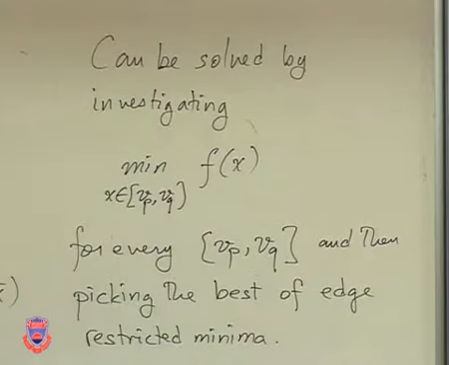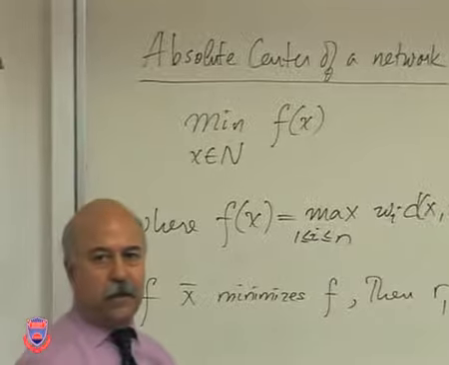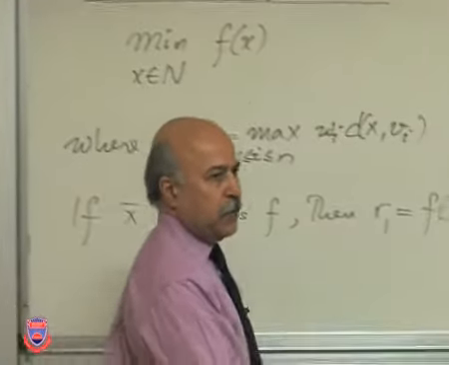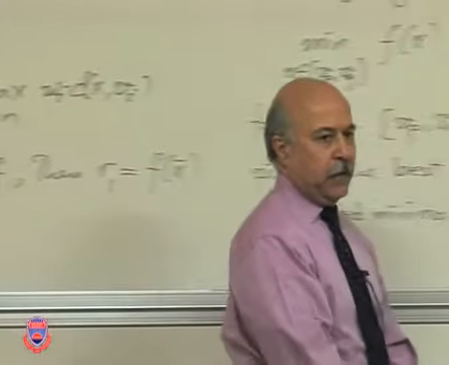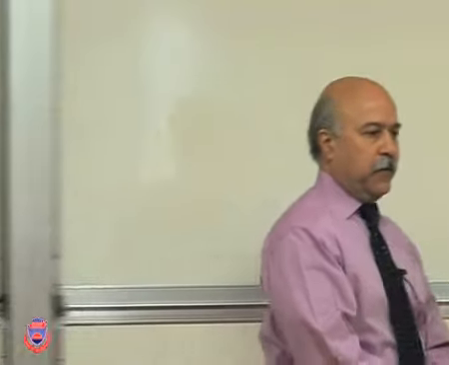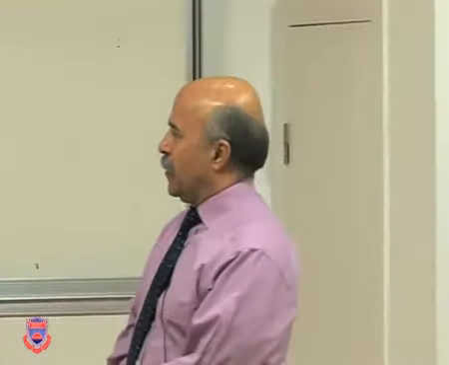So the problem on the entire network can be solved by solving the edge-restricted problem, identifying the edge-restricted minimum in each case, and then of all the edge-restricted minima, you just choose the best one, the one that supplies the smallest value of f. You may have alternate solutions sometimes.